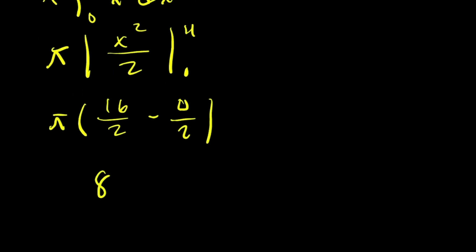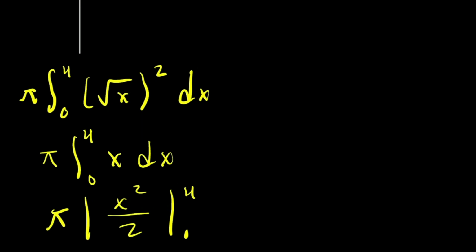So we get 8 pi for that one. Pretty quick one. You should always try to simplify this out, because often it will make it much easier, especially if there's a root in there.